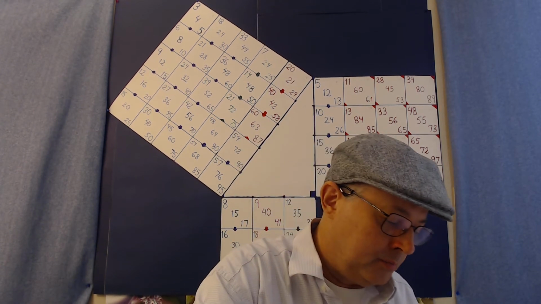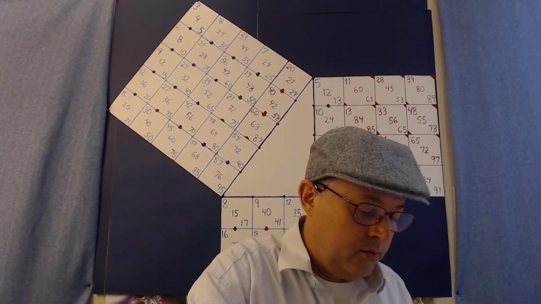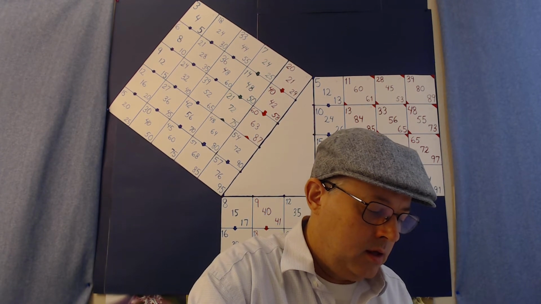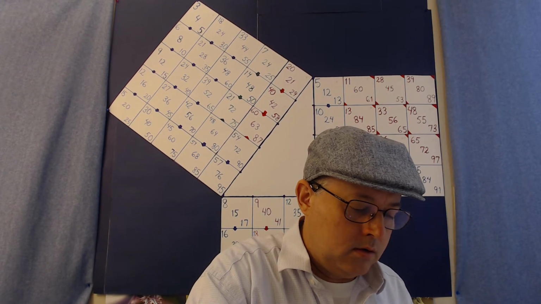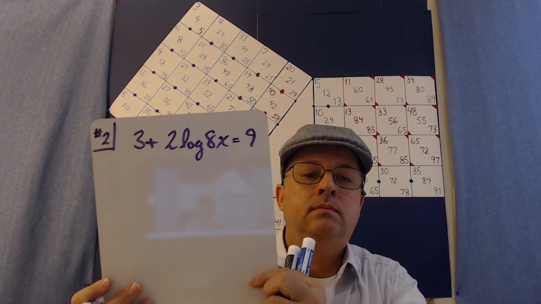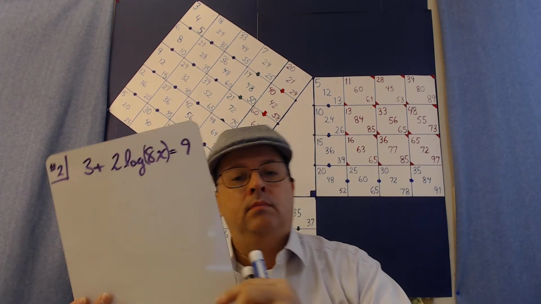So example number 2, we have 3 plus 2 log of 8x equals 9. Okay, put some parentheses here.